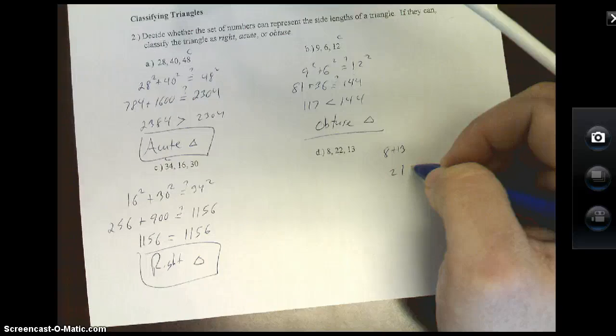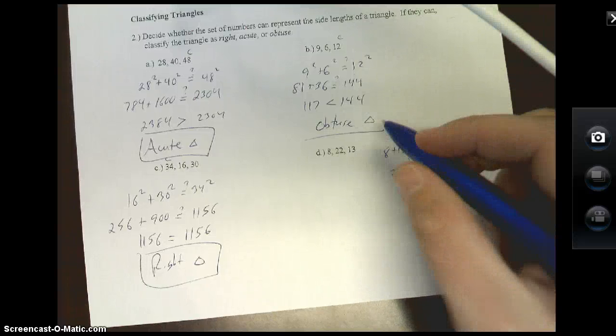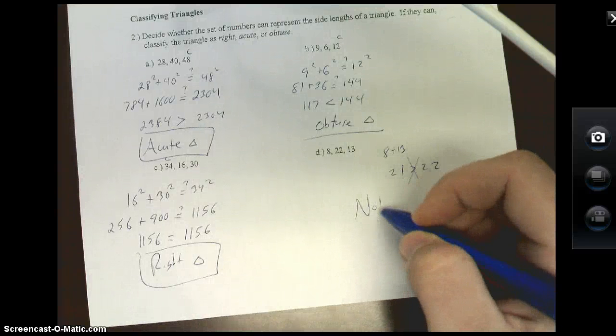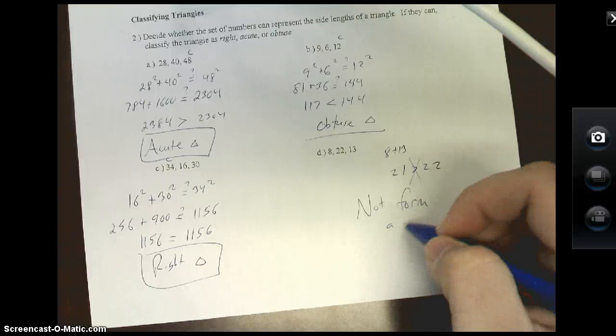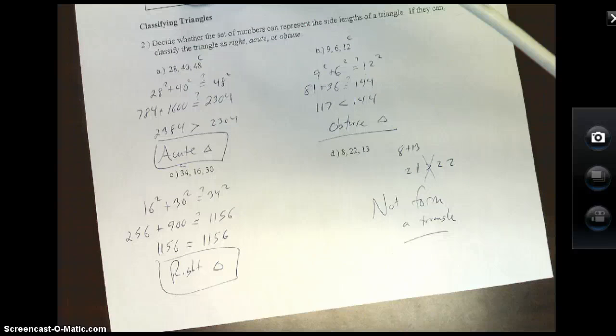Is 21 larger than 22, the third side? If your answer is no, which out of all four of these examples is the only one, these would not form any kind of triangle. Just won't work. This is a theorem we learned two chapters ago: the two smaller sides must be larger than the third side.